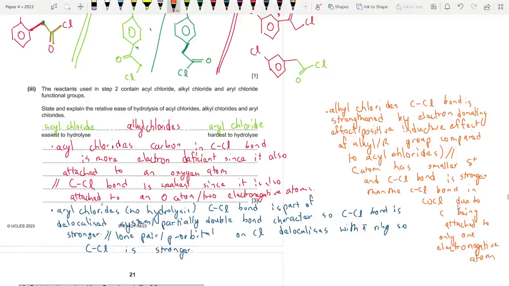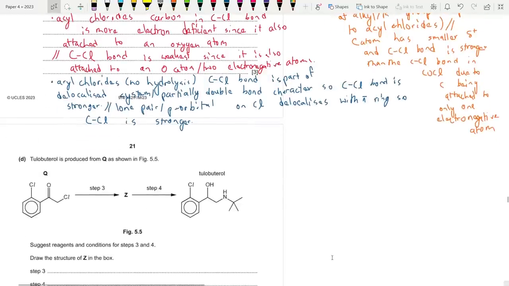So basically in COCl both of them pull, so this is really high delta plus, but in C-Cl only this pulls, right? So it's delta plus but not that high comparatively. So any two works. Hopefully you guys get it.